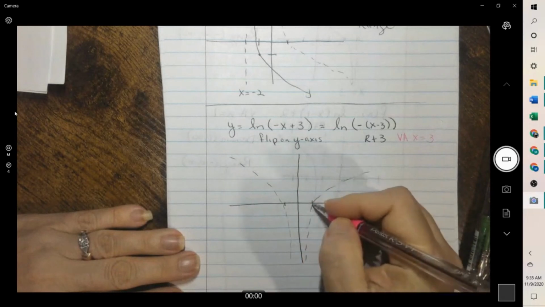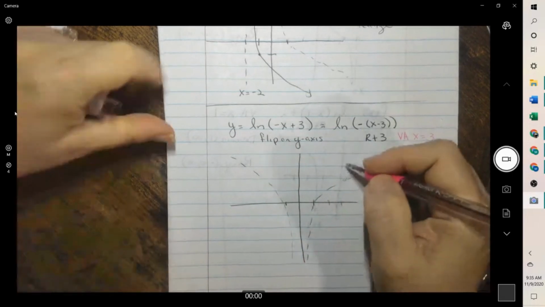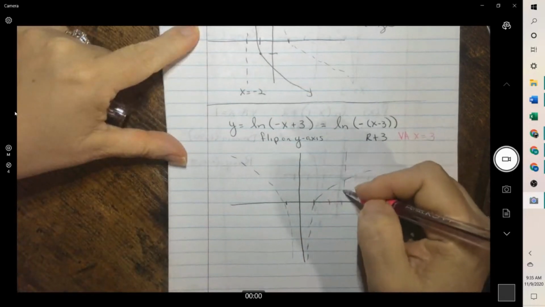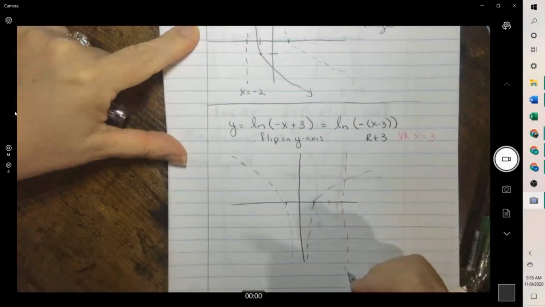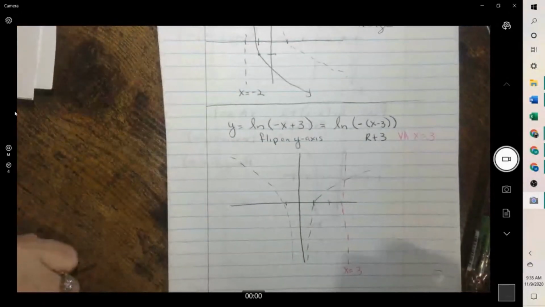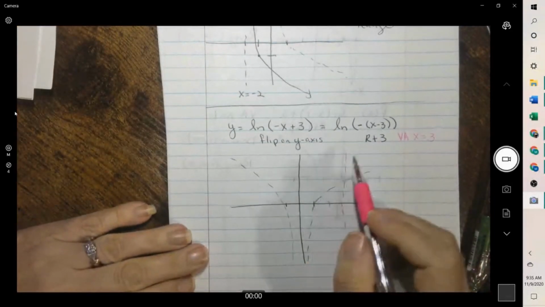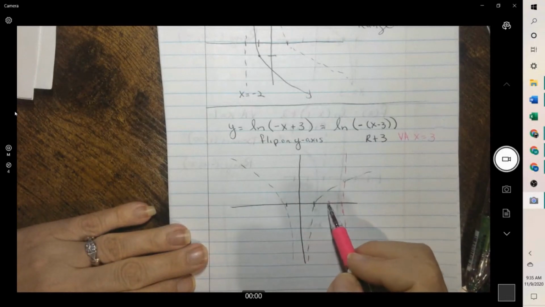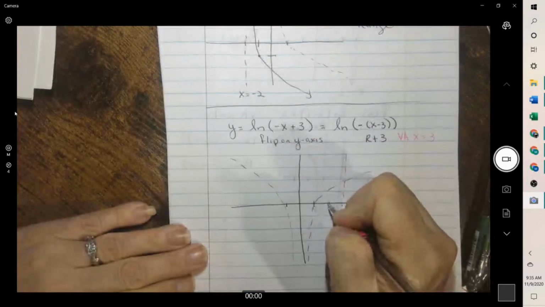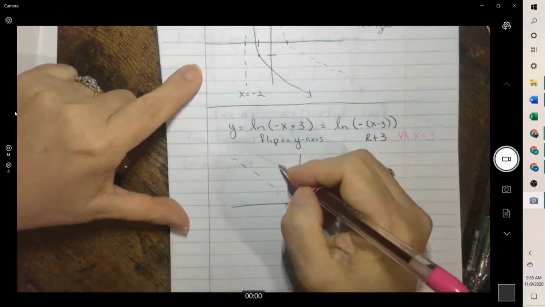So instead of 0, it's here. And the graph, our point here now, it moves 1, 2, 3. So it's here. It's going this way.